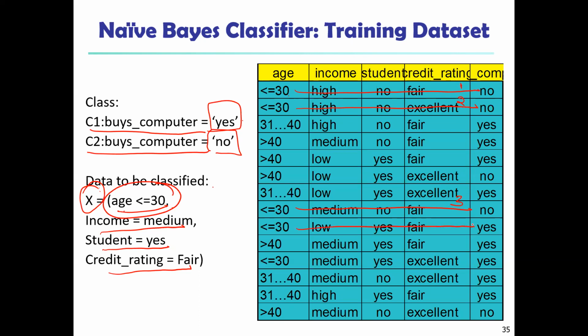Then less than or equal to 30, 1 yes, 2 yes. So total 3 no's and 2 yes, right?